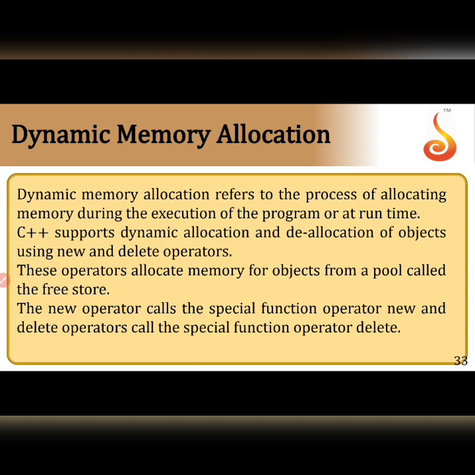With the help of the new and delete operators. You should also know that the heap is a memory segment where dynamic memory allocation usually takes place. Heap, H-E-A-P, is a memory segment where dynamic allocation normally takes place, and it is managed by new and delete.